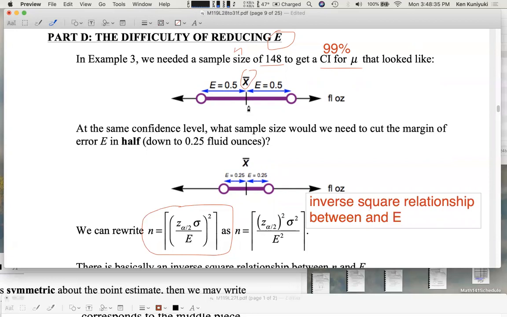So if you want to cut the margin of error in half, some people might guess, oh, do you just double the sample size to maybe about 300? No. In order to cut the margin of error in half, it's not enough to double the sample size. You have to quadruple it. You have to multiply it not by 2, but by 4 because of this inverse square relationship.